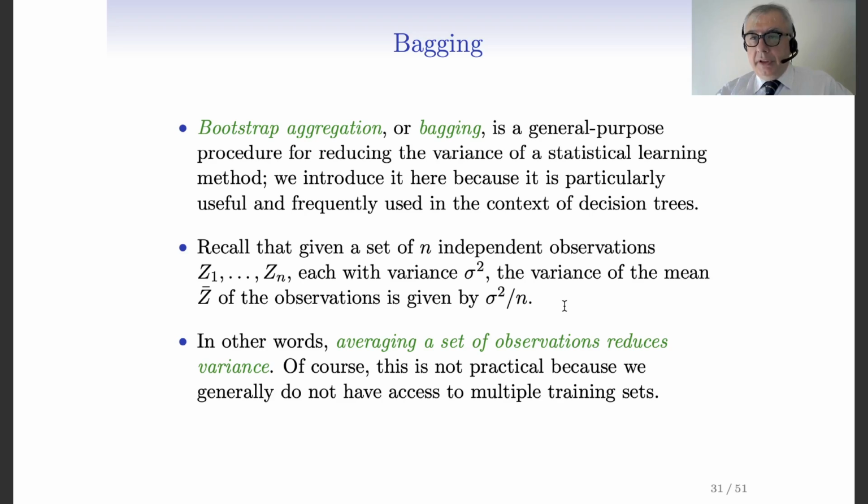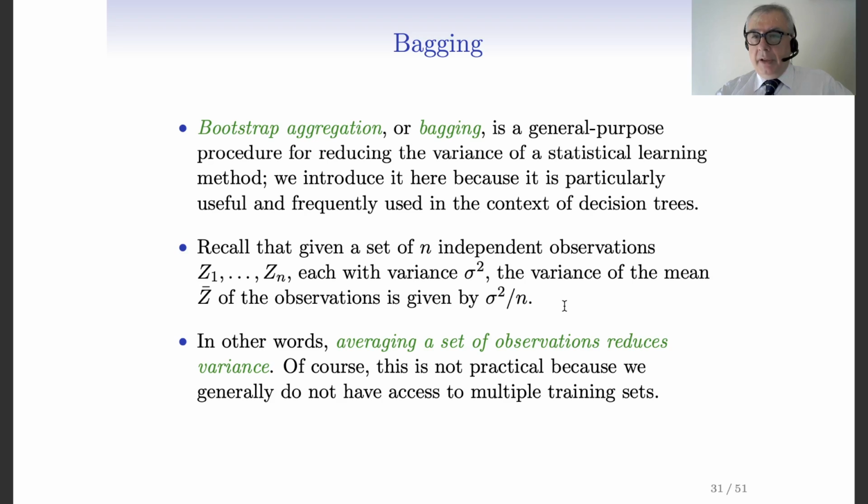At this point, we can introduce one of these methods that goes under the name of bagging, or bootstrap aggregation. This is a general-purpose method for reducing the variance of a statistical learning method. We introduce it here, speaking of trees, because it is very useful in this context, but it could be applied more generally.